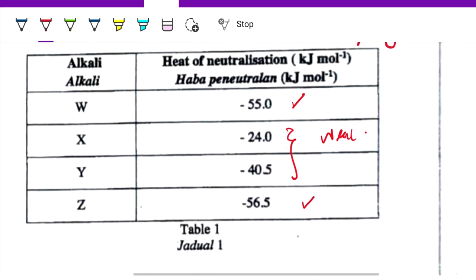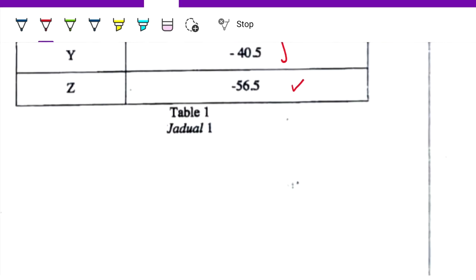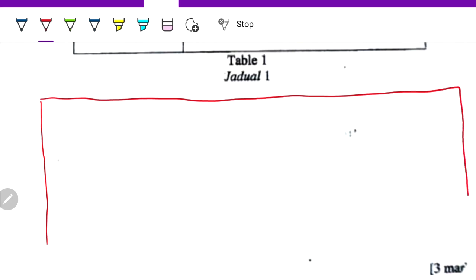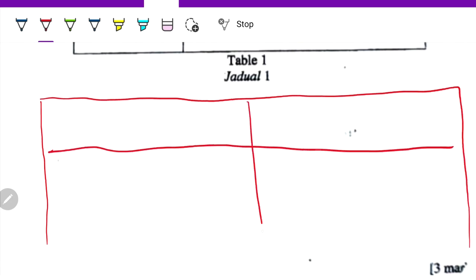So here we can classify them. Type of alkali, we can make a table like this. Alkali that ionize completely.